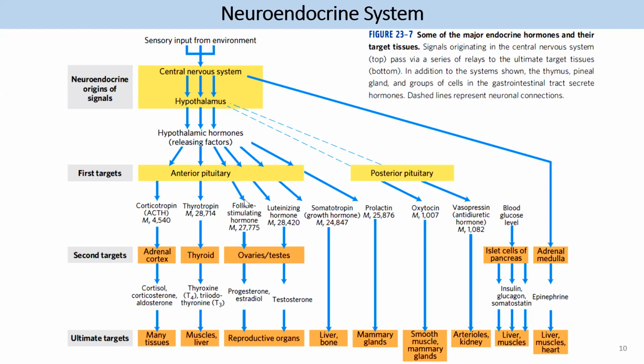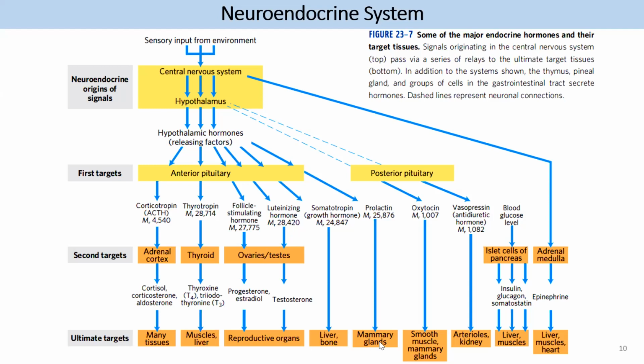Now, what do these do? They have secondary targets. They act on other little organs, where they result in the release of a second set of hormones, that is cortisol, thyroxine, progesterone, testosterone, all of these. And ultimately, they reach all the different parts of the body.